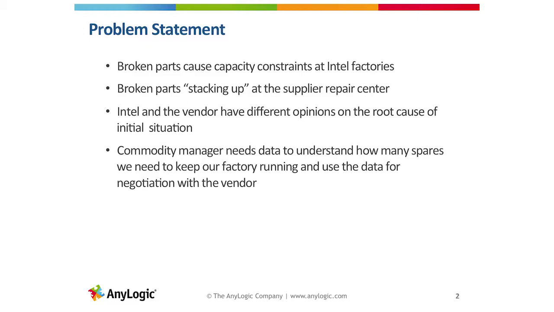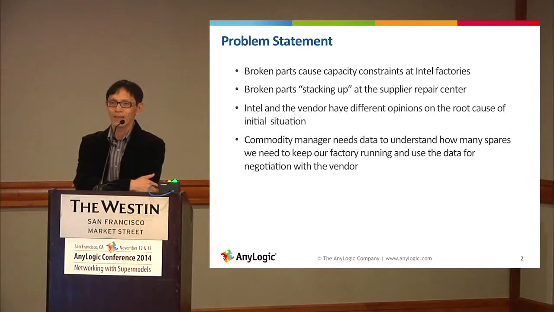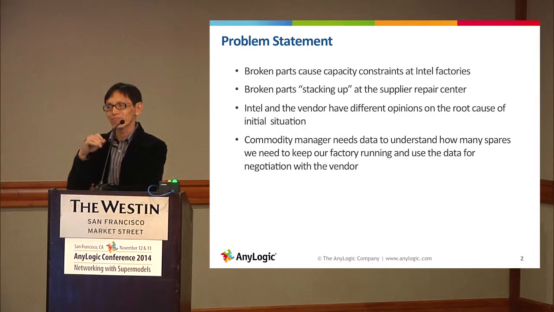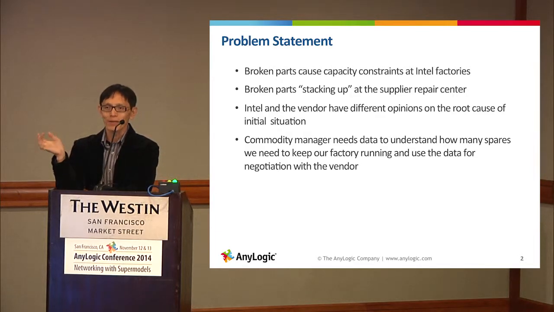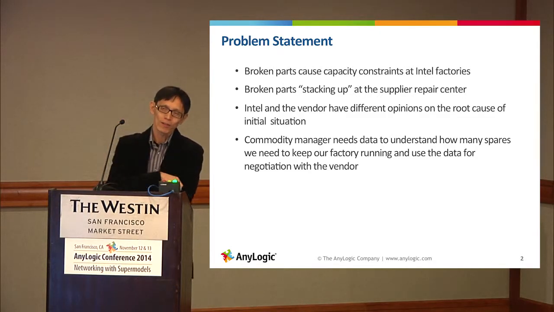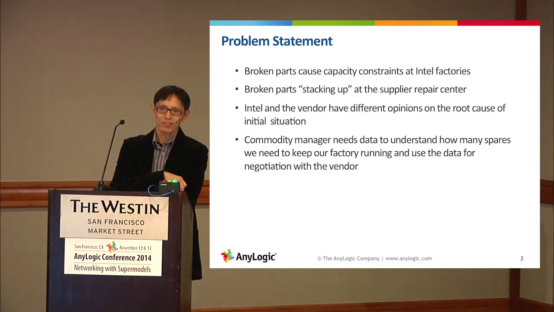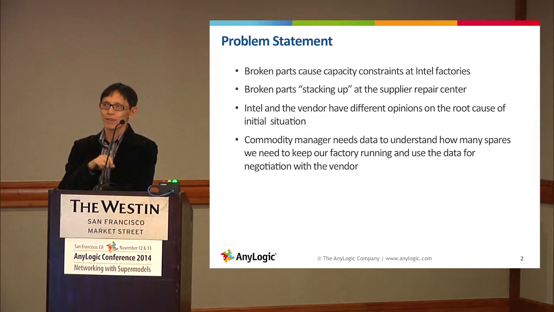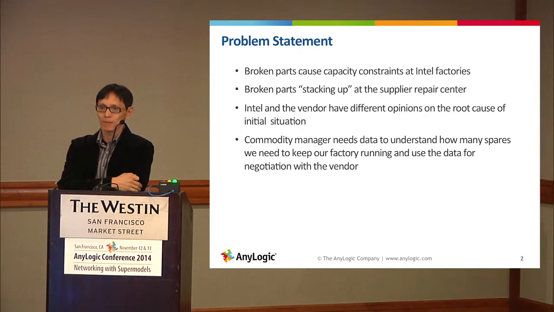It breaks from time to time and causes a capacity constraint in the factory. And this part is not for one-time use. You break, you just throw it away, replace it with a new one. This part is actually fixable. They can be fixed locally by a technician inside the Intel factory, or if the problem is too big, they have to ship it back to the supplier to be fixed in their repair center.